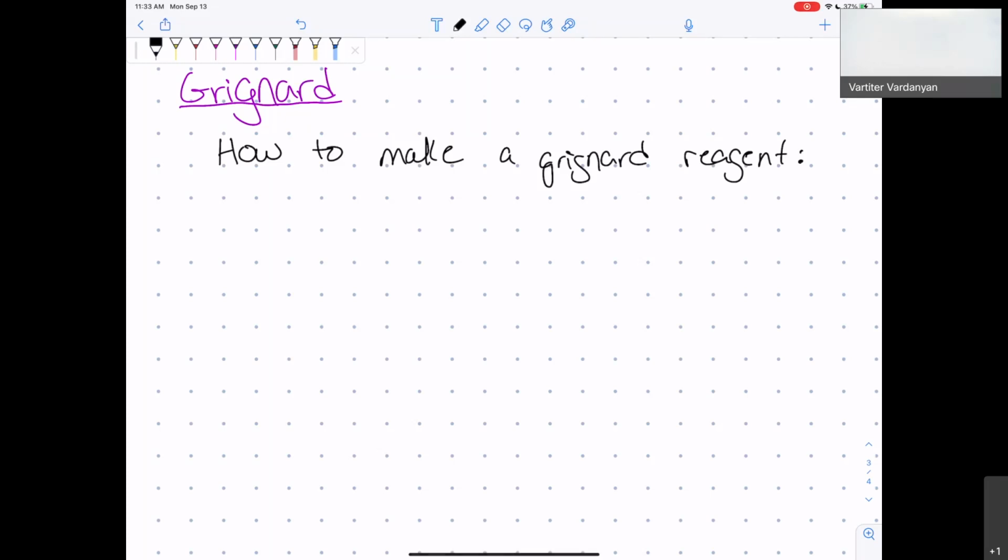You might be asking, what is a Grignard reagent? We're going to turn this into a soap opera moment, and that'll probably help you remember it. We have this lovely couple, carbon and bromine, so happy together. They've been bonded for a long time. It's an alkyl halide. They're just going about their happy, merry way.